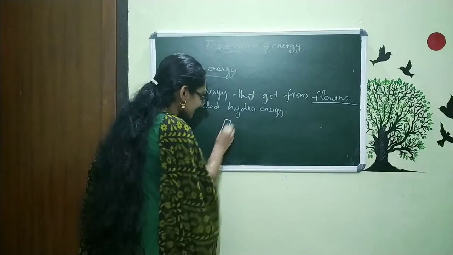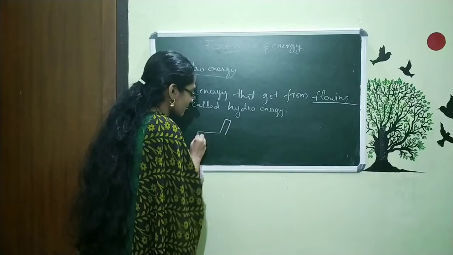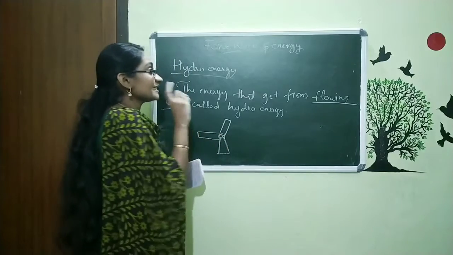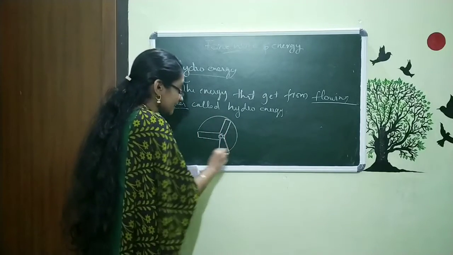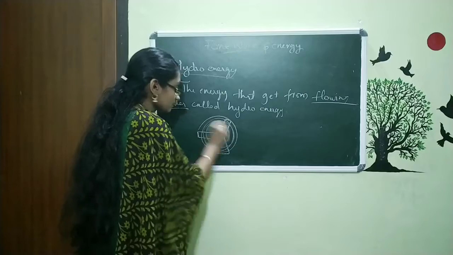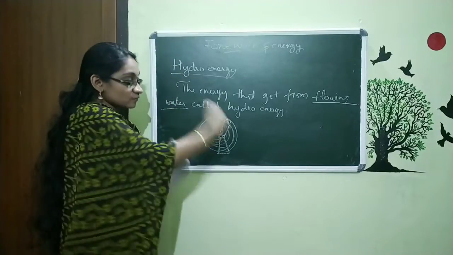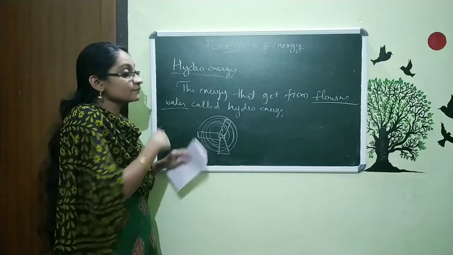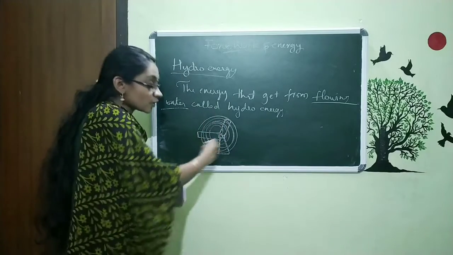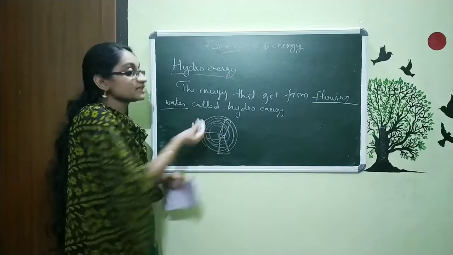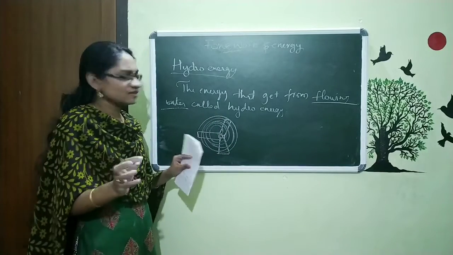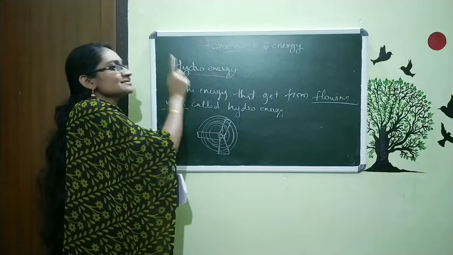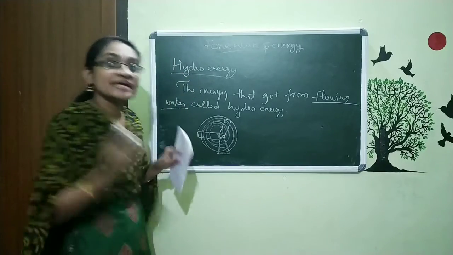Within the generator, it is having some sort of wheel like this. With the help of the hydro energy, that means with the help of flowing water, this wheel rotates, and because of the rotation it produces electricity. You will study in detail in your higher classes. Now just understand, we are utilizing this hydro energy to produce electricity.